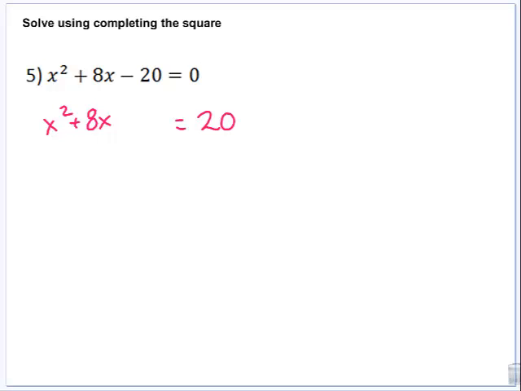So now I want to make this quadratic into a perfect square. To do that, I need to take my 8, divide it by 2, and square it to get 16. Now if I add 16 to the left-hand side of this equation, to keep the equation the same, I need to add 16 to the right-hand side as well.